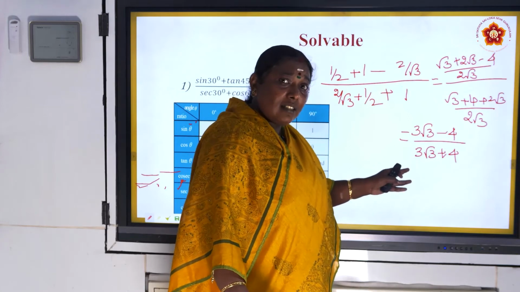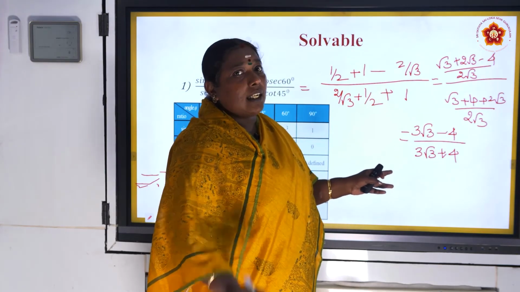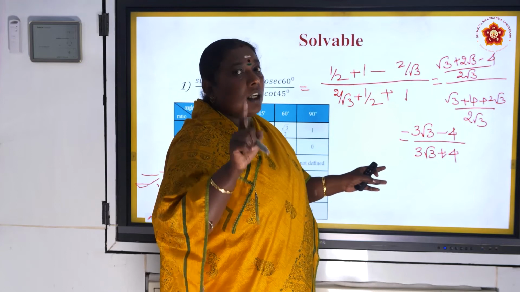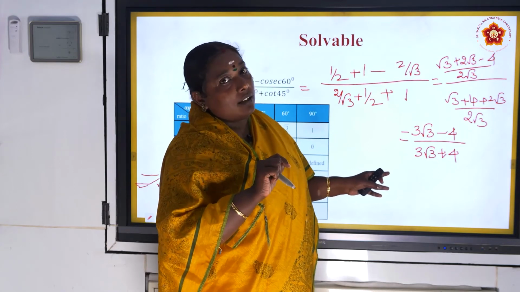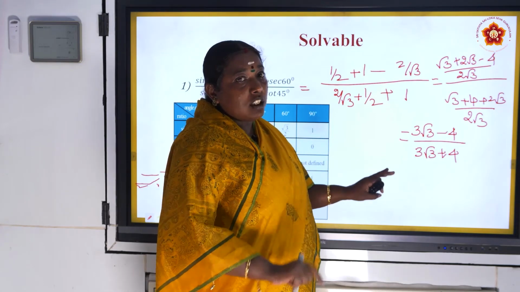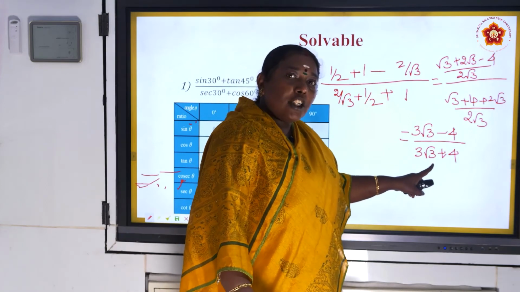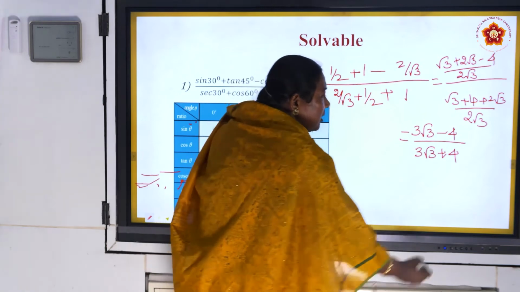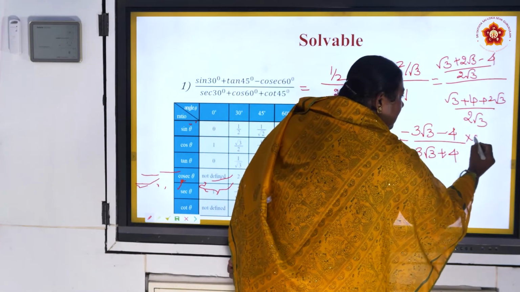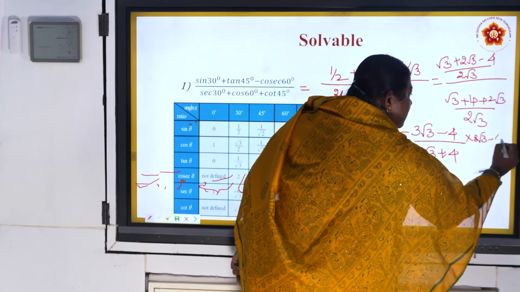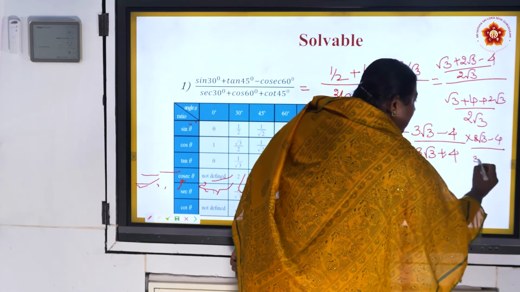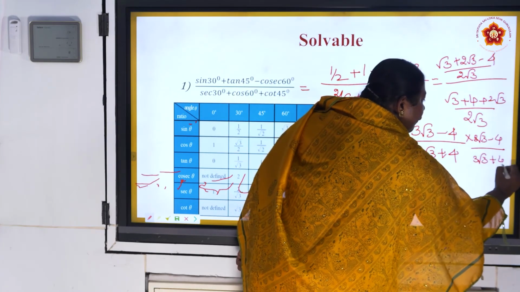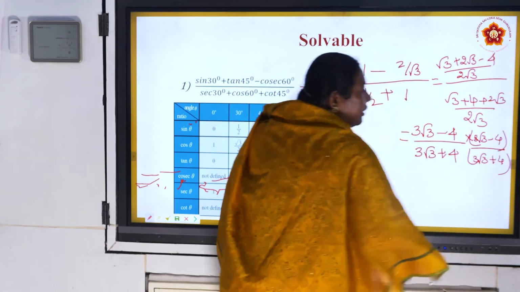Can I leave it like this? Yes, you can, but in 9th standard we have learned rationalization. Is it right? We are not supposed to leave the root value in the denominator. So we have to rationalize it. How to do the rationalization? Just multiply with 3 root 3 minus 4 over 3 root 3 plus 4 with the opposite symbol.